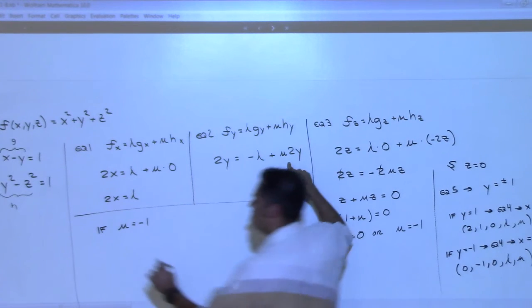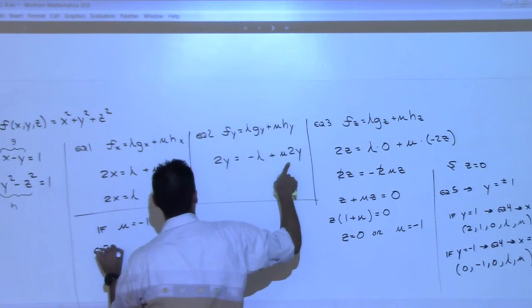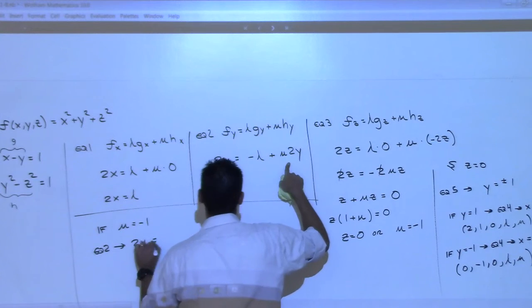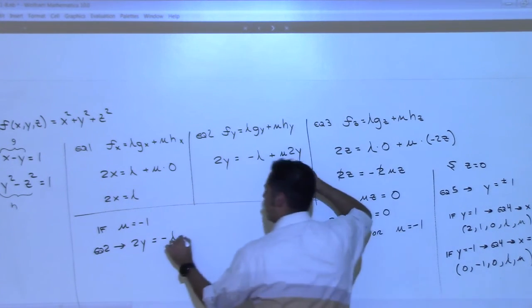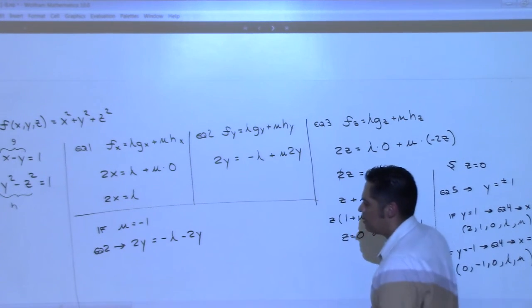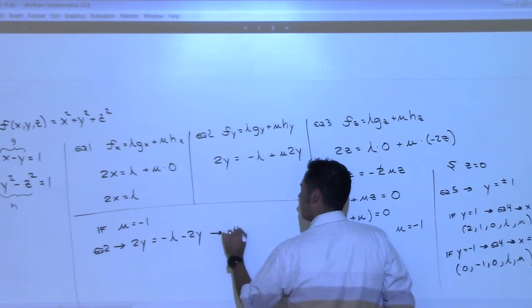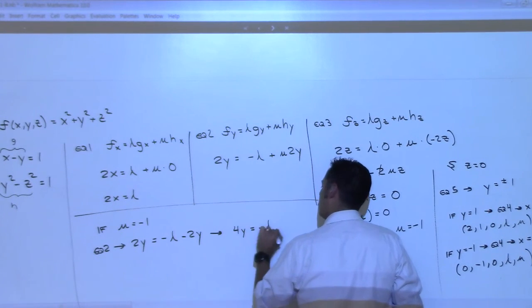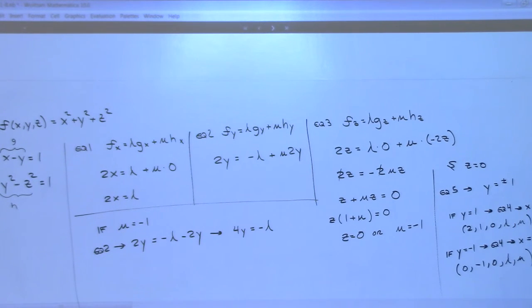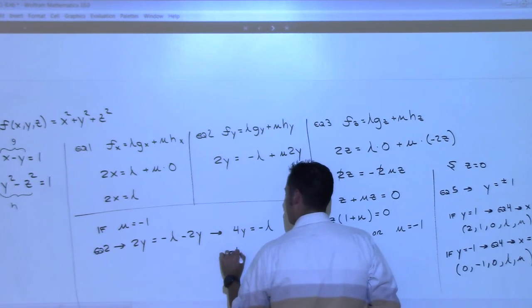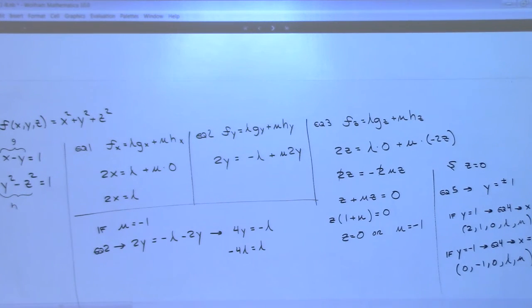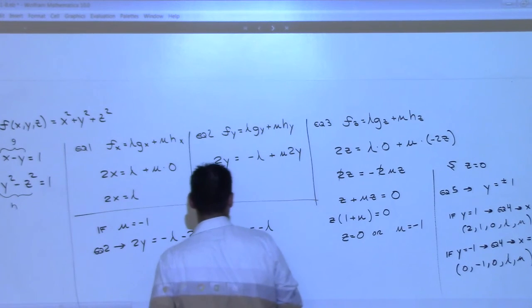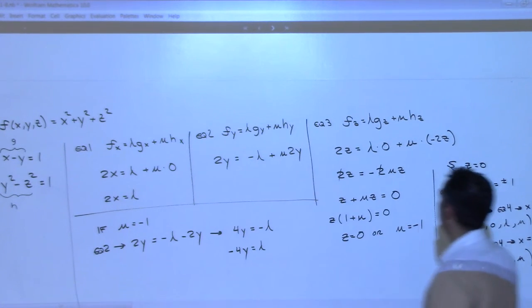This equation 2 becomes 2y equals negative lambda, and mu was, yeah, so minus 2y. So that would tell you that 4y equals negative lambda, if I move everything to one side. So lambda is negative 4y. And what can I do with that? Negative 4y equals lambda. What can I do with that?